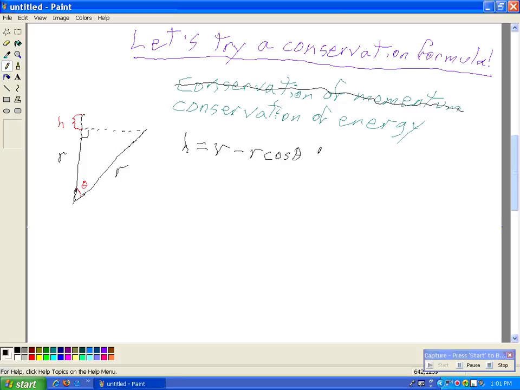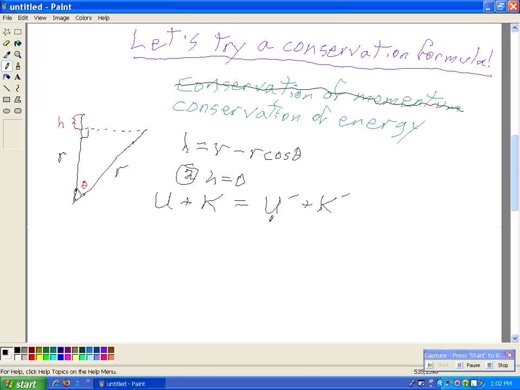Okay. So, supposing that at point 2 the height is 0, so over here, height is 0. So there's some height here. If that's the case, we have potential energy plus kinetic energy equals potential energy prime plus kinetic energy prime.